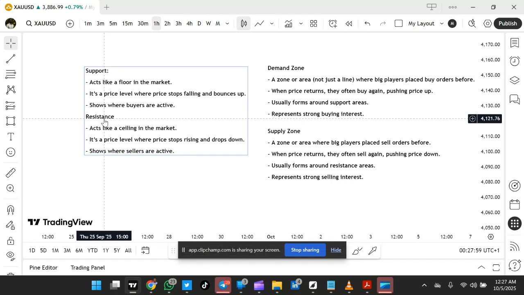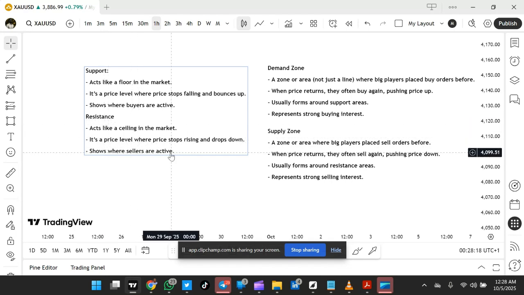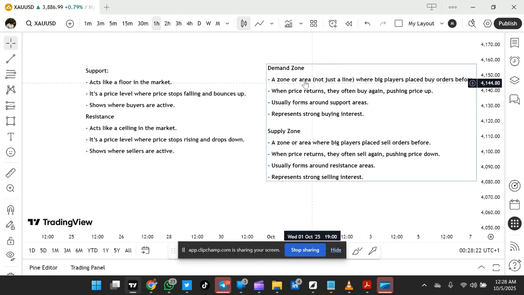So think of resistance like your normal ceiling, but in the market. It's a price level where price stops rising and drops sharply. It drops down after reaching that level, and it shows where sellers are active, especially the retail sellers, but not the smart guys.